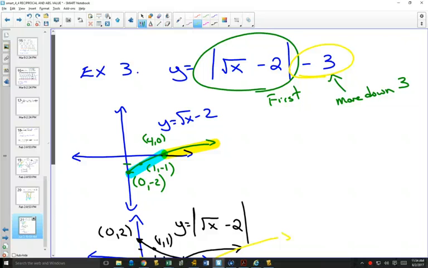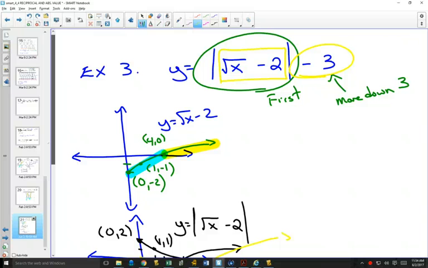Another thing that I want to point out that sometimes causes people to make a mistake is when looking inside the absolute values here, you get used to saying if something's inside a function, it moves it left or right. So I have a lot of students sometimes think that this should move this 2 to the right.